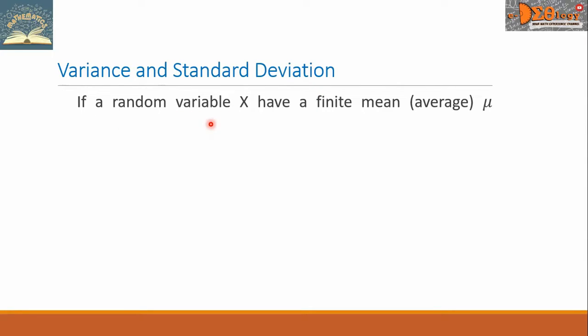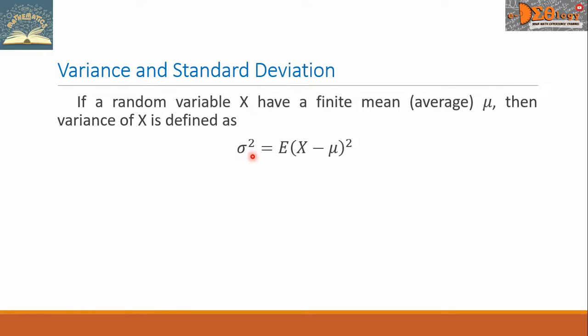If a random variable X has a finite mean or average, and we use the symbol mu, then the variance of X is defined as sigma squared. This sigma squared, the variance, equals E of the square of the quantity capital X minus mu.